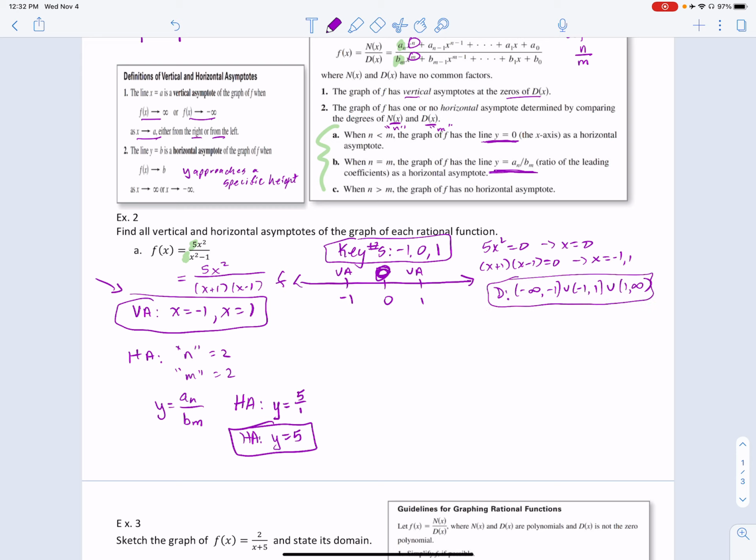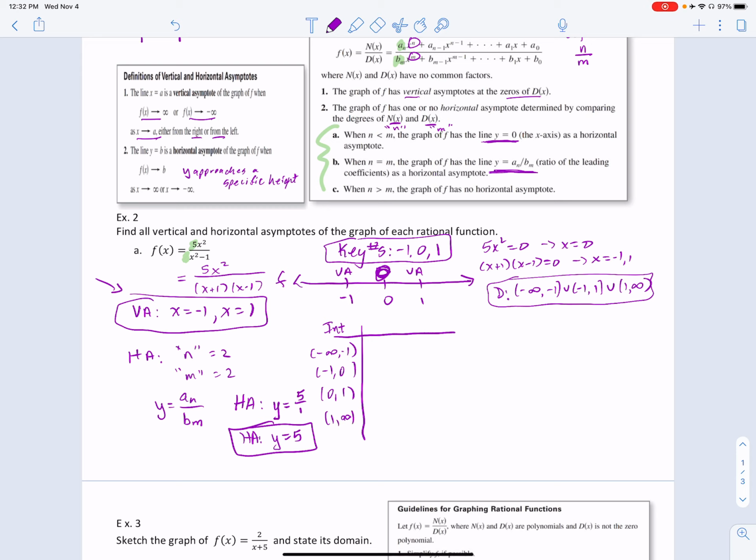And anyway, what you do to graph this is we check to see in each of these intervals on this number line whether this rational function is positive or negative. So we have -infinity to -1, -1 to 0, 0 to 1, and 1 to infinity.